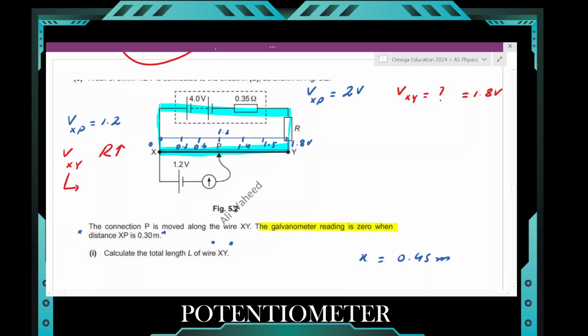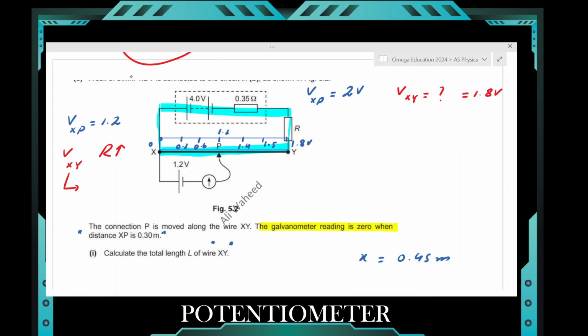But now the situation is changed. The total length of the wire will be having less volts, because there is less voltage across the wire XY. So let's say the voltage that the wire has now is, let's say, 1.5 volts.